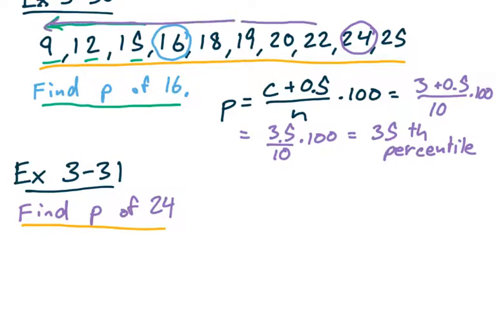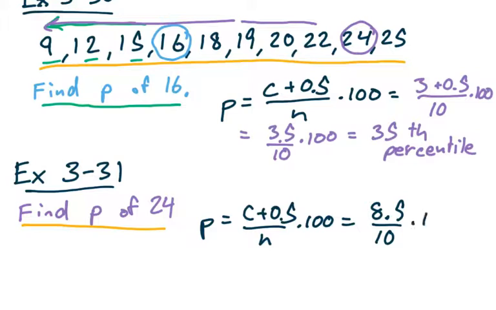Here P is going to be C plus 0.5 all divided by N times 100. We're substituting in 8. Just do the quick mental math, 8.5 over 10 times 100. Here we can divide the top and the bottom by 10, and then scoot the decimal point over 1. So this would be the 85th percentile. Just simply complete that computation.